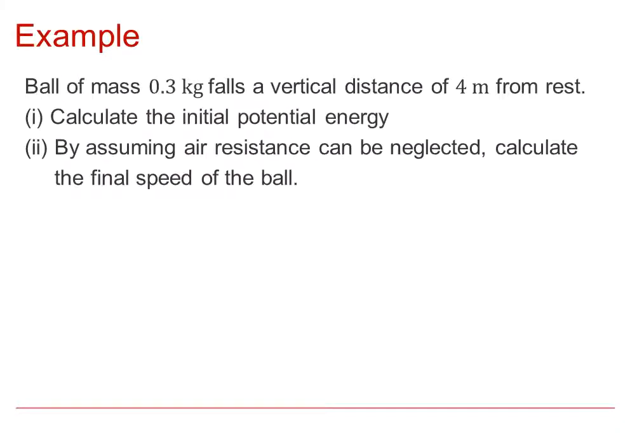For example, a ball of mass 0.3 kilograms falls a vertical distance of 4 meters from rest. Calculate the initial potential energy, and assuming that air resistance is negligible, calculate the final speed of the ball.